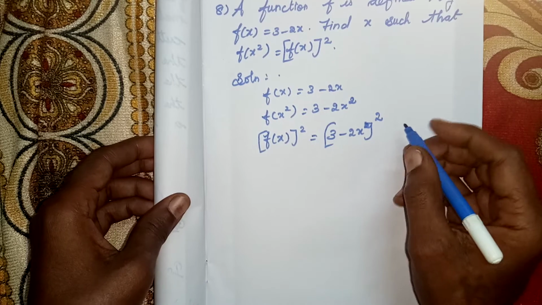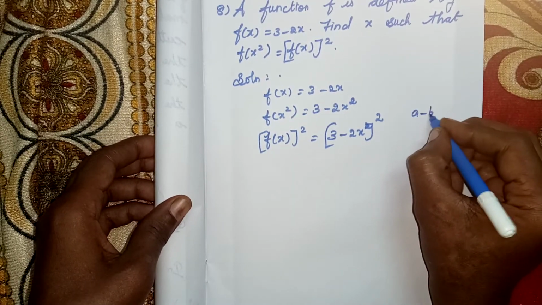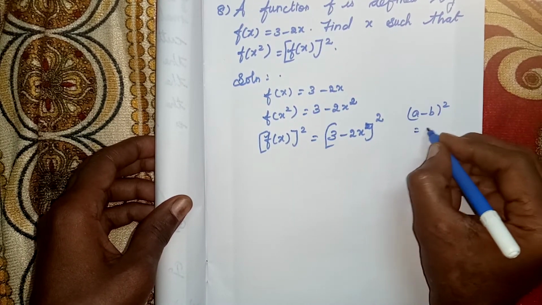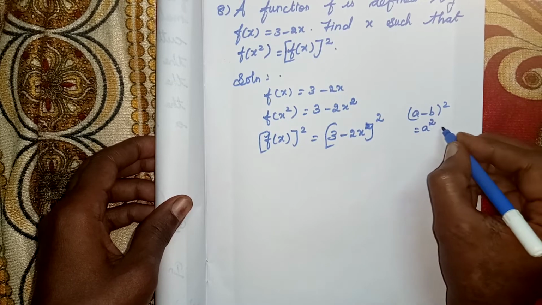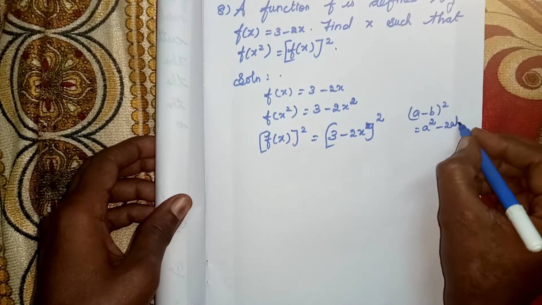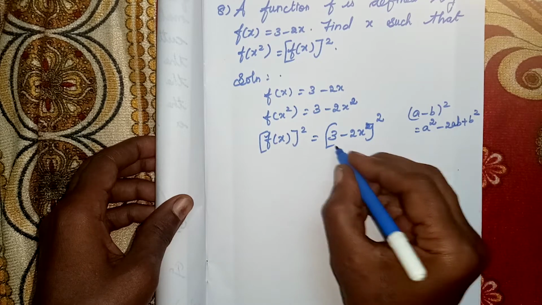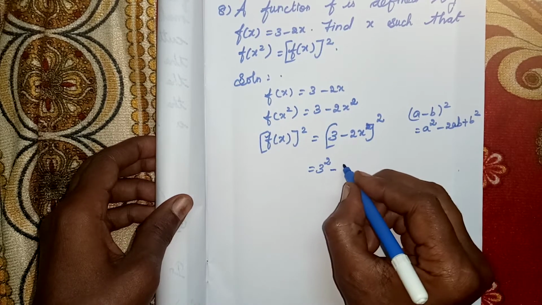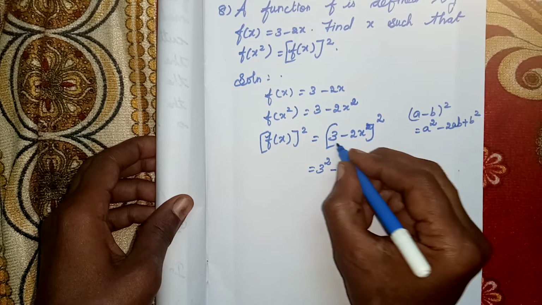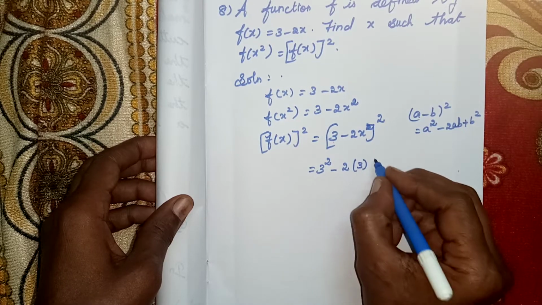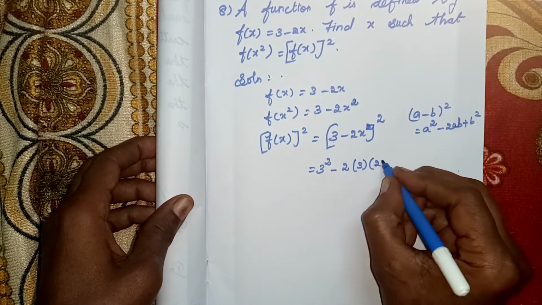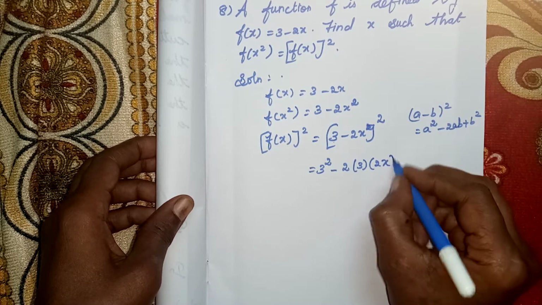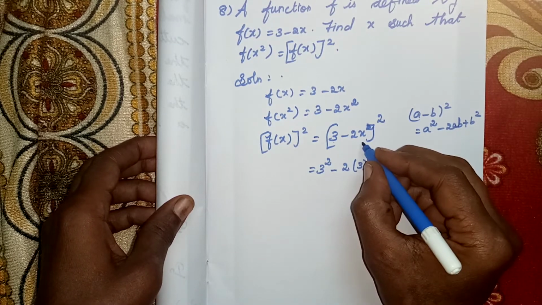Here you have to use a minus b the whole square, which is equal to a square minus 2ab plus b square. A square, so 3 square, minus 2 into ab, a is 3 and b is 2x, plus 2x the whole square.